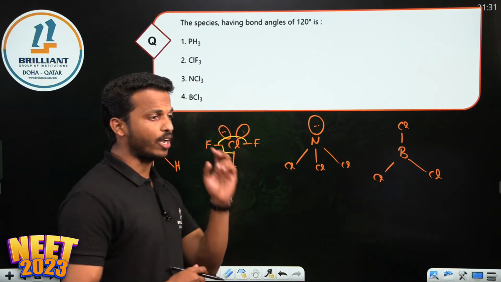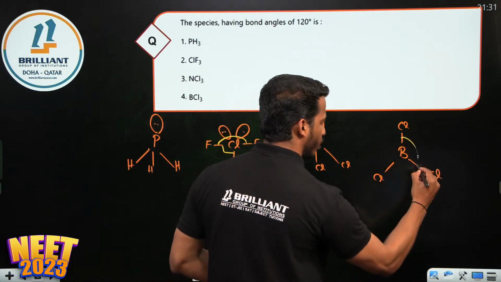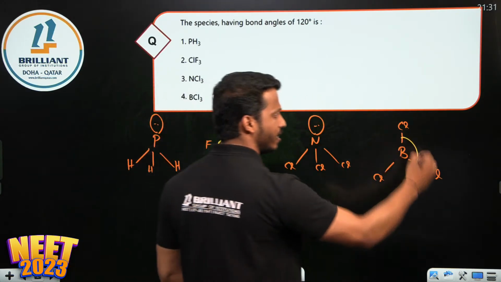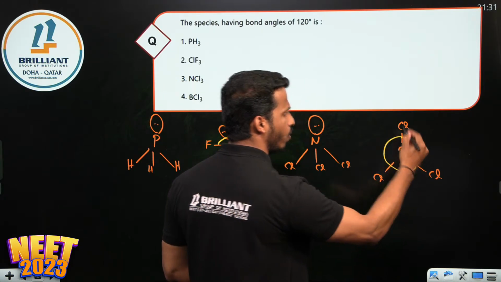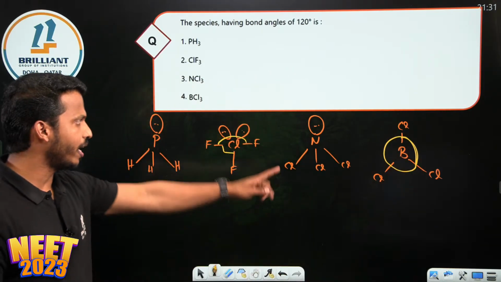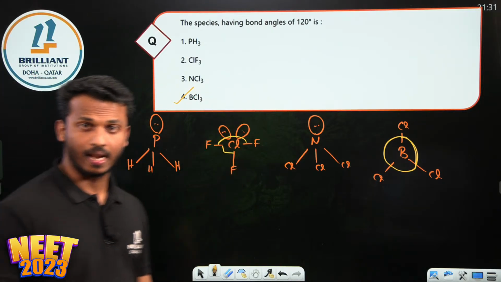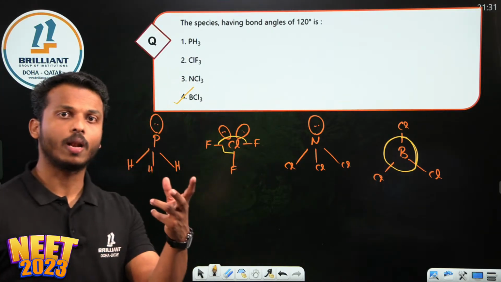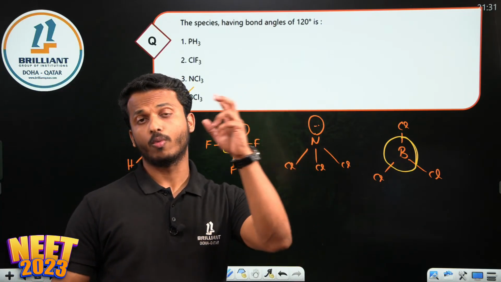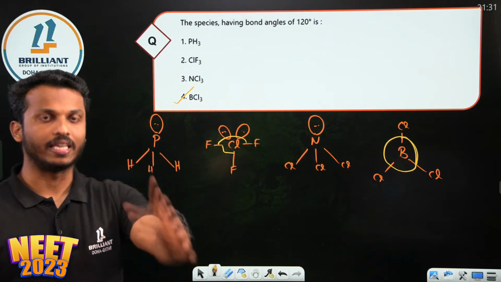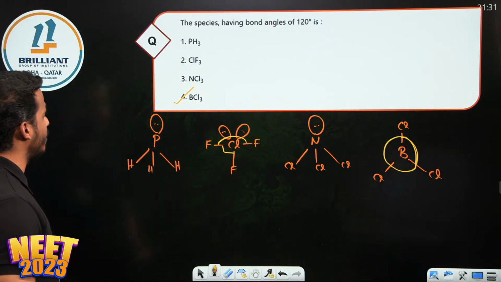You can see 120 in only one option, which one? BCl3. Total is 360, right? 120, 120, 120. Total 360. So here the bond angle is 120 degrees. Option 4, BCl3, BF3, trigonal planar shape molecules, what is the bond angle here? 120 degrees. Okay, option 4 is the correct answer.